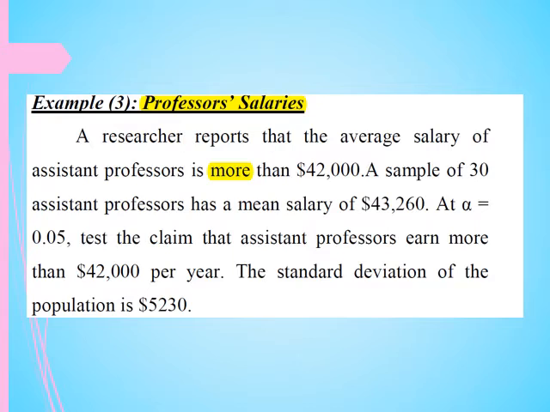For example, professors' salaries. Researchers report that the average salary of the assistant professor is more than $42,000. A sample of 30 assistant professors has a mean salary of $43,260, and with alpha, which is the level of significance, 0.05, test the claim that the assistant professor earned more than $42,000 per year.